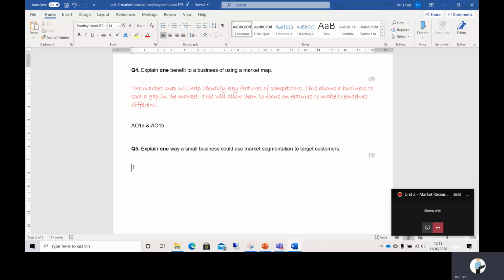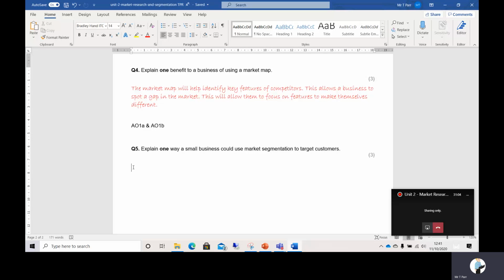So how can we segment a market? It could be quite simply gender, male and female. Or it could be female people who earn over £25,000, okay? Or it could even be down to a location.